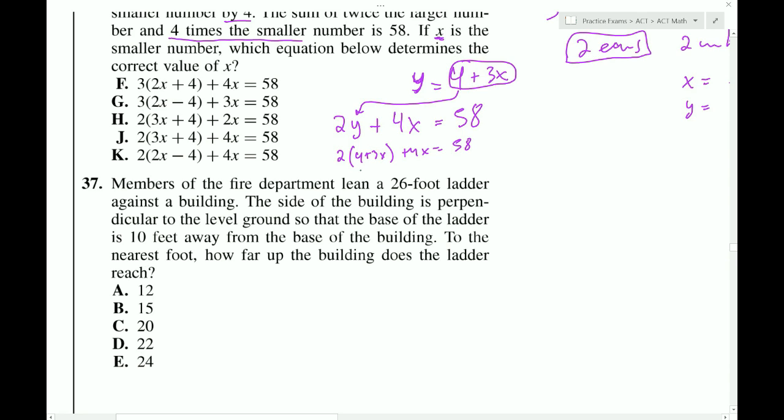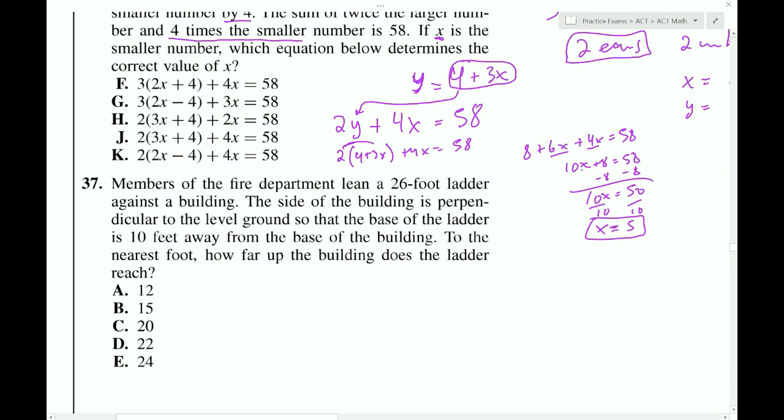Now we distribute the 2, which gives 8 plus 6x plus 4x equals 58. Adding these together, we get 10x plus 8 equals 58. Subtract the 8, so 10x equals 50. Divide by 10, and x equals 5.